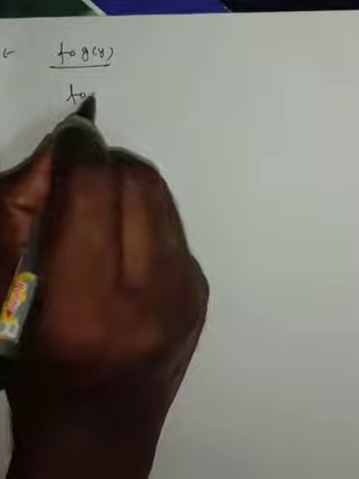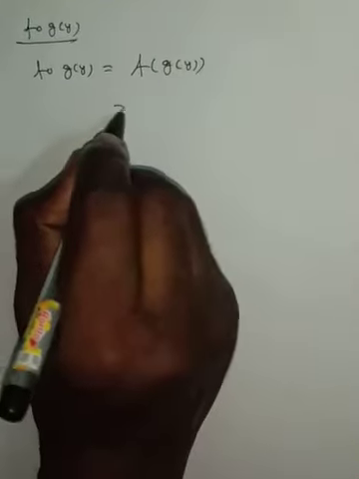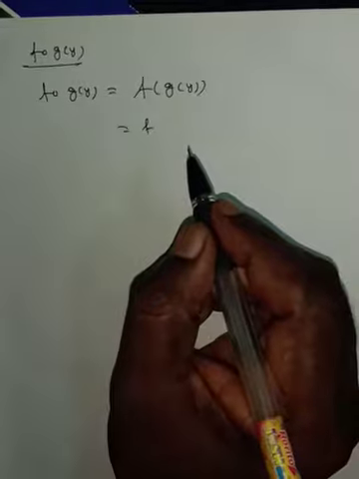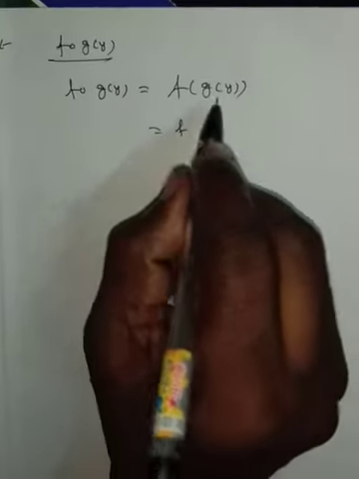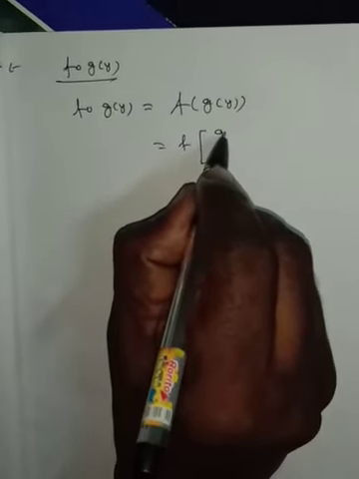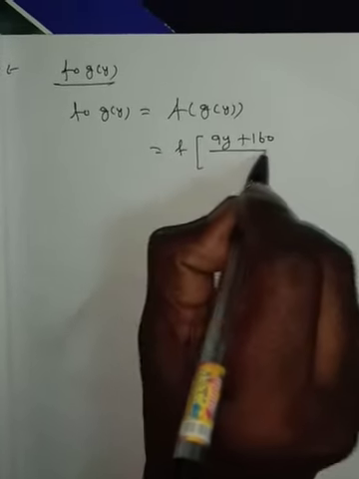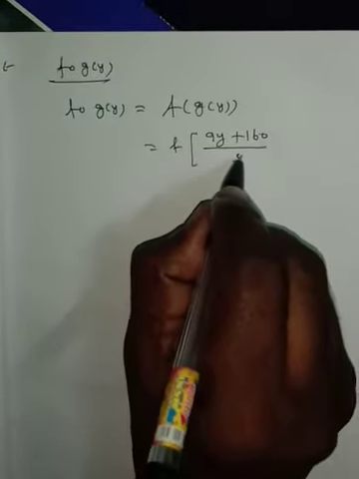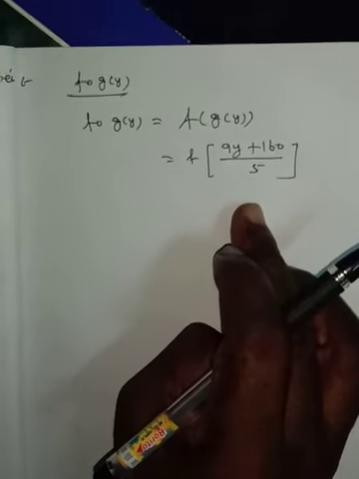F of g of y is equal to f of (9y plus 100 divided by 5). F of x is already given, f of x is y.